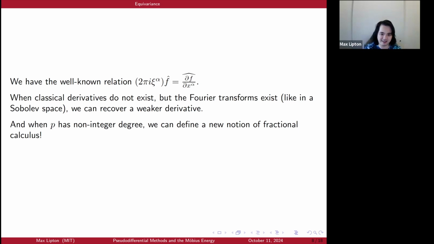on the frequency side, it still makes sense to multiply by a function that doesn't have integer power, integer degree. And then when we transform back, assuming all of our operations are well defined in some sense, then we can extract a new notion of fractional calculus. So we can take the half derivative.